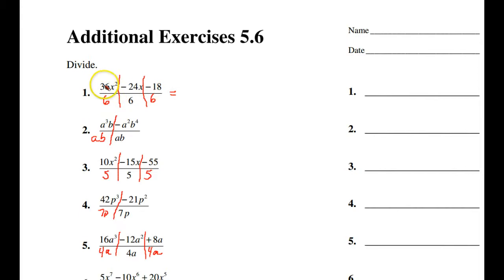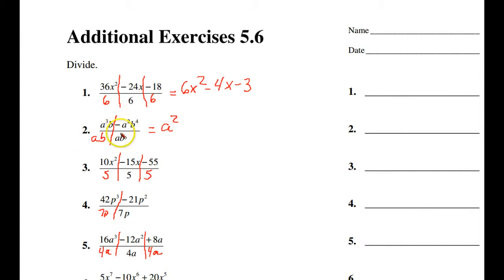So 6 goes into there 6 times, and you get 6x squared. 6 will go into there 4 times, and don't forget the negative sign. And here 3 times, and the negative sign. Now here a goes into a to the third, a to the second.